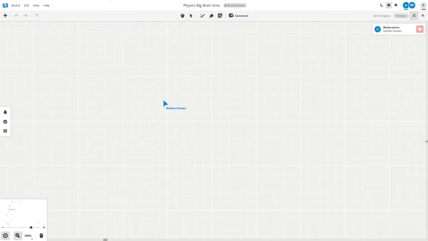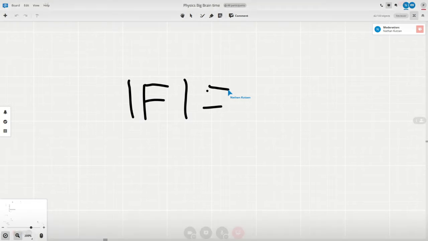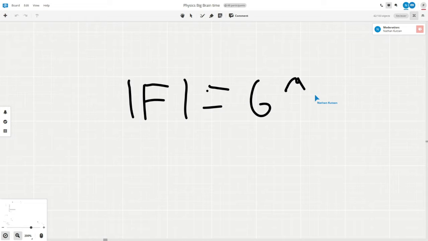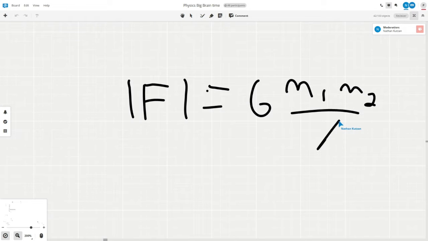So, the absolute value of force is equal to, and I think a lot of you already went over this, but this is special for the AP. F equals G M1 M2 all over R squared.